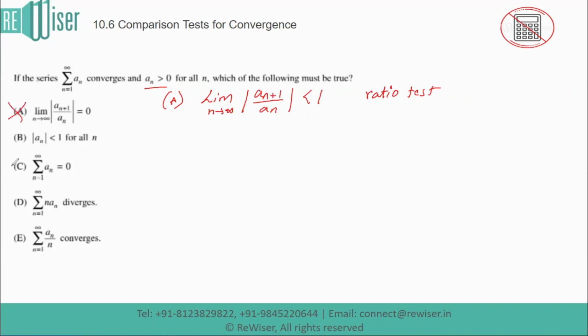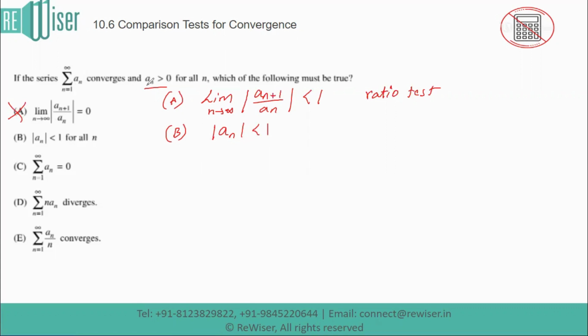Now, if I talk about option B, that the value of a_n must always be less than 1. This is not at all necessary because I can also have a geometric series where terms are greater than 1.